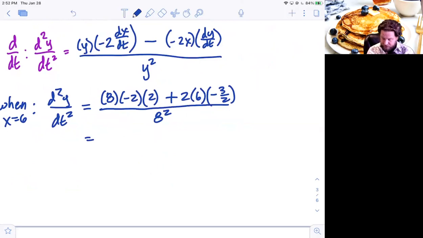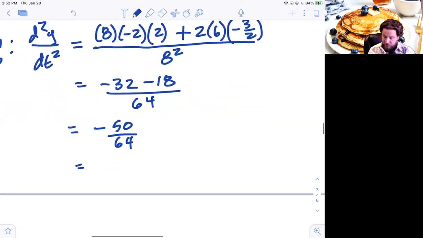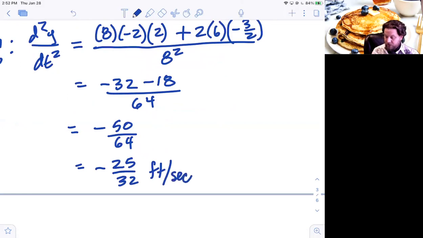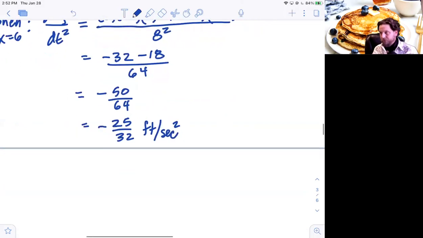That gives us negative 32, minus 18 all over 64. So negative 50/64ths, which comes out to be negative 25/32. And what are the units here? Feet per second squared.